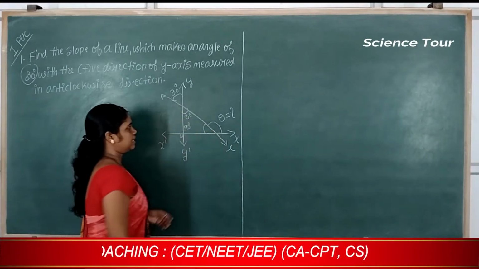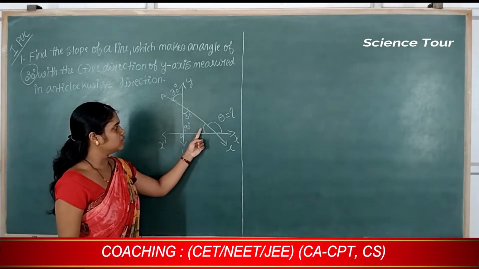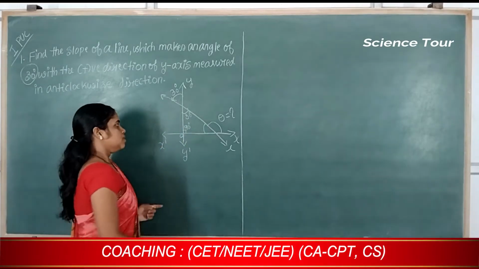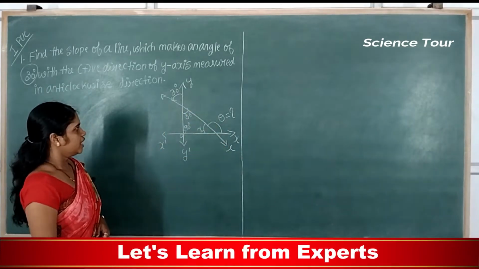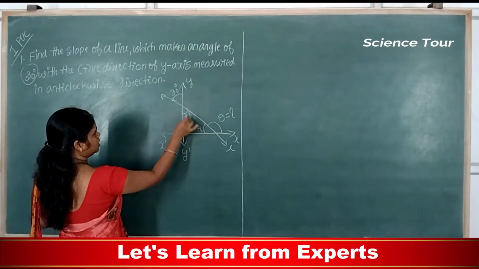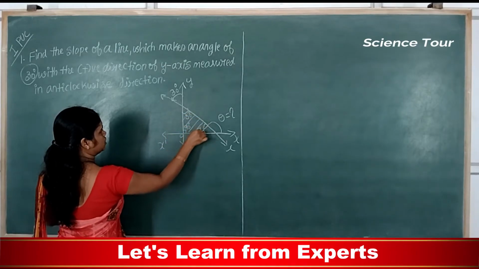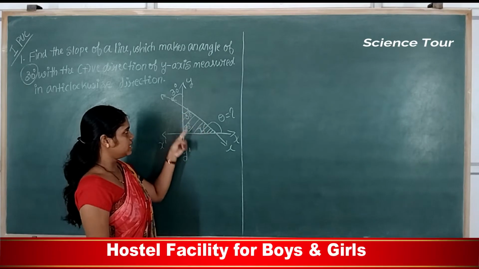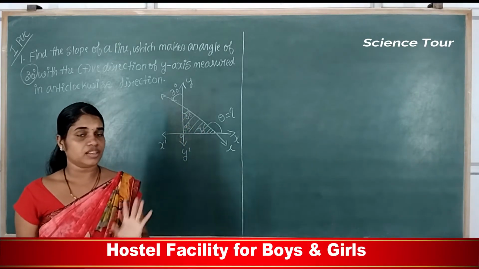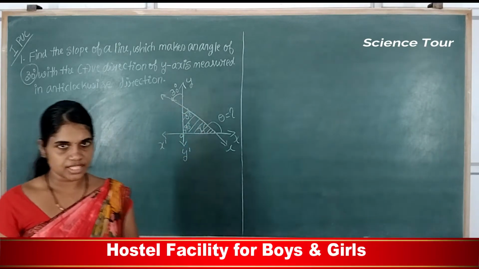So now first I will calculate the angle at this point. Suppose I consider it as x. Can you observe here, this is one of the triangles. We know that the sum of the three interior angles of a triangle is 180 degree, isn't it?